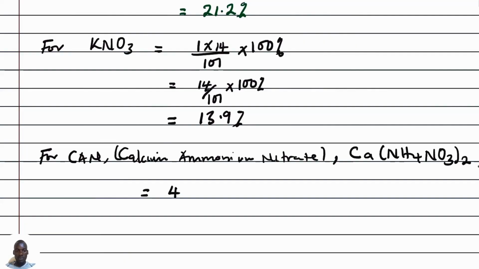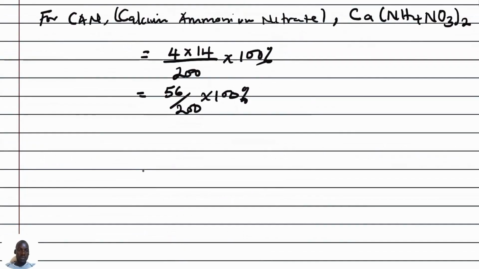So we have 4 atoms of nitrogen multiplied by the gram of nitrogen divided by the molecular mass of calcium ammonium nitrate, which is 200, multiplied by 100%. So this is the same as 56 divided by 200 multiplied by 100%. As I press the calculator, I'm getting the percentage composition of nitrogen to be 28%.